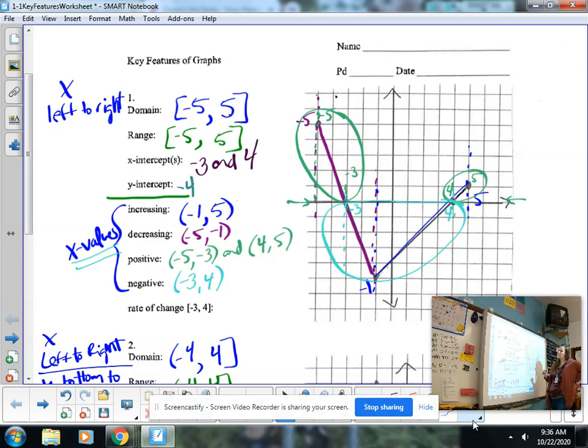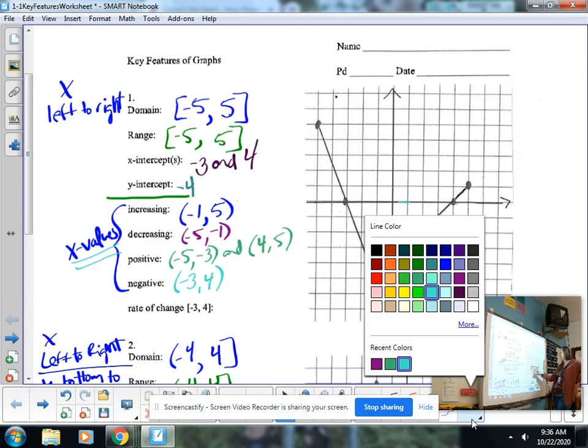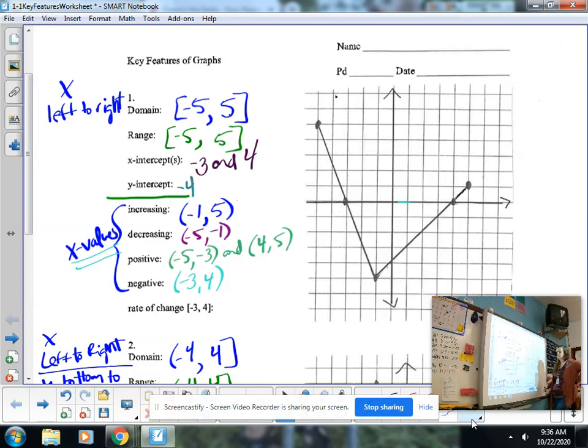The only thing left now is rate of change. And I'm going to erase all my marks here so that we can do this rate of change. For rate of change, you are going to draw a line from the x of -3 to the x of +4.